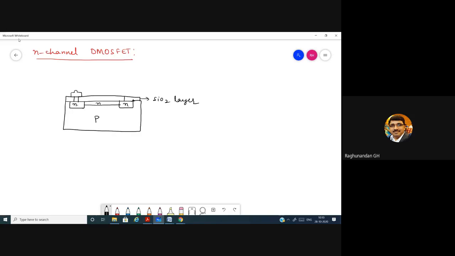And here also, we are going to have metallic or ohmic contact. In the middle also, we'll fix one metallic or ohmic contact. But the change is, the middle metallic contact will not be in touch with this N.